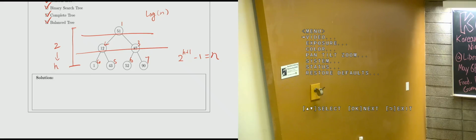That's the total amount of nodes that I have, right? So if h equals 2, it's 2 to the 3rd power, which is 8, minus 1, equals 7. So for this complete tree, the height will be log base 2 of n, right?